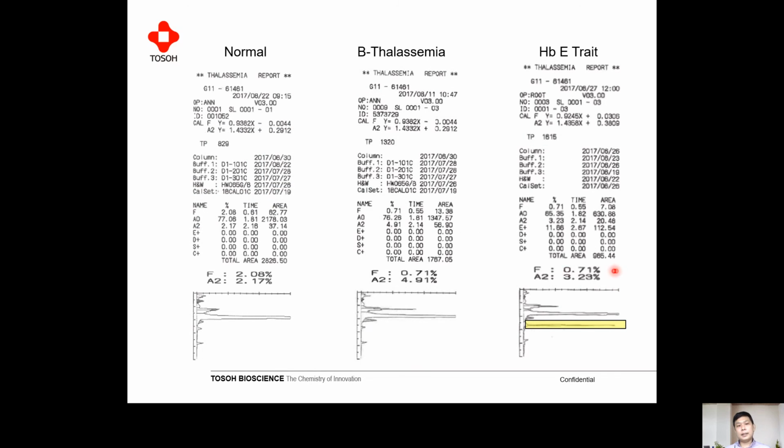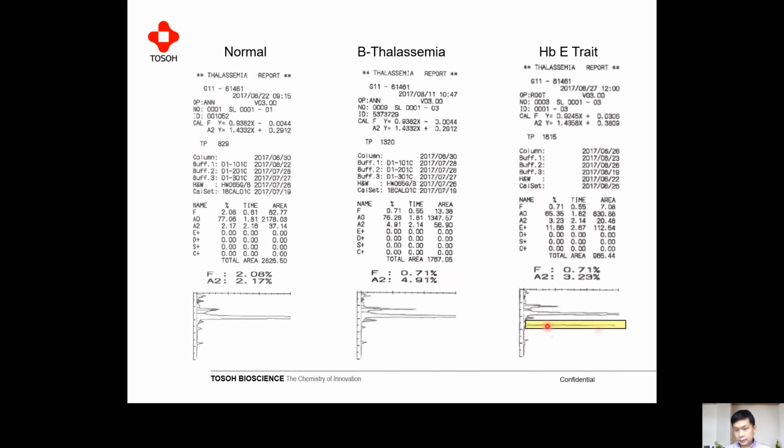What you see here on the left is a normal sample with a normal HbA2 value, HbF 2.08, and then a beta thal sample, HbA2 more than 3.5%, and then HbE trait. So we can see here there's a separate window for HbE, and it's being identified with a quantifiable percentage.